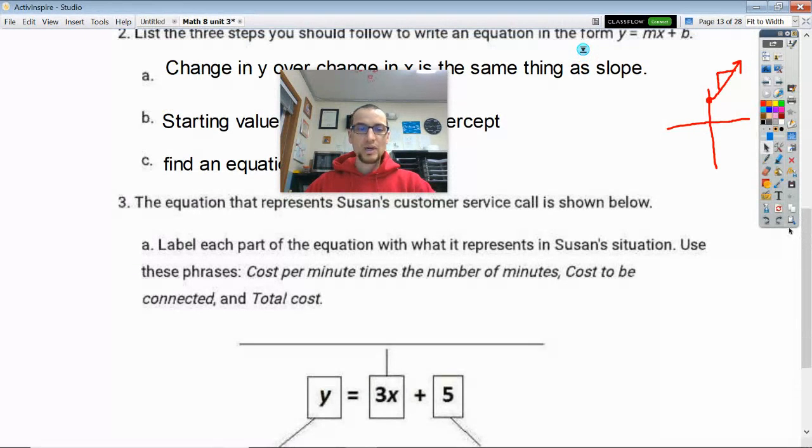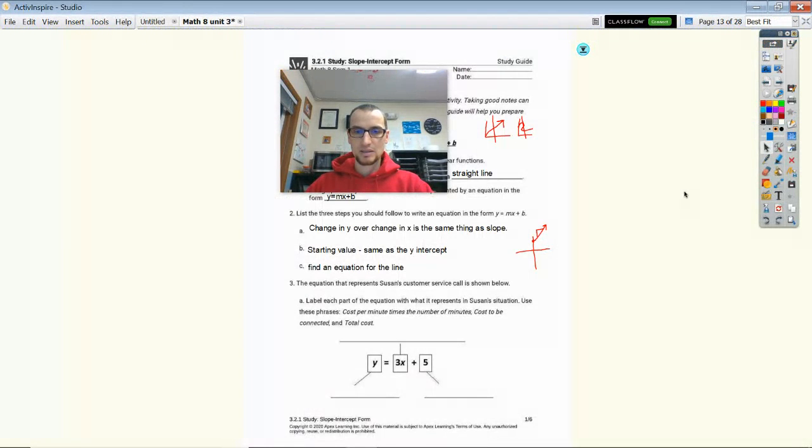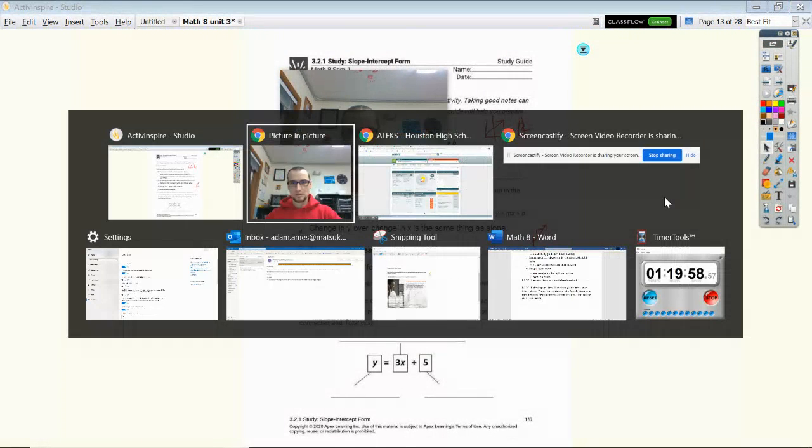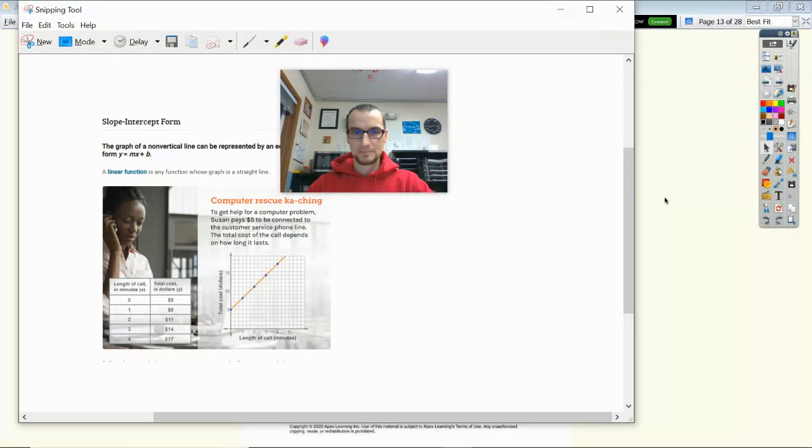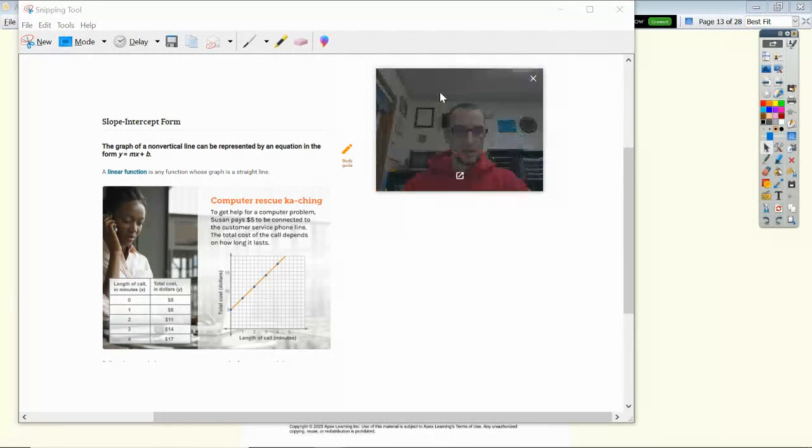So the equation that represents Susan's customer service call is shown below. So Susan's customer service is right here. To get help for a computer problem, Susan pays $5 to be connected to the customer service, and then it goes up.